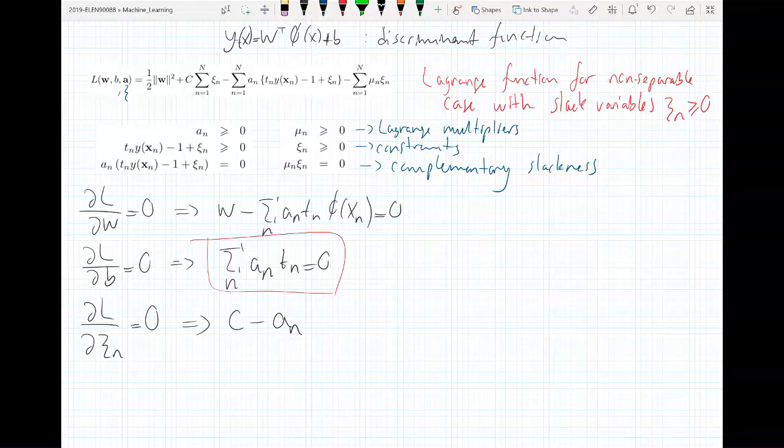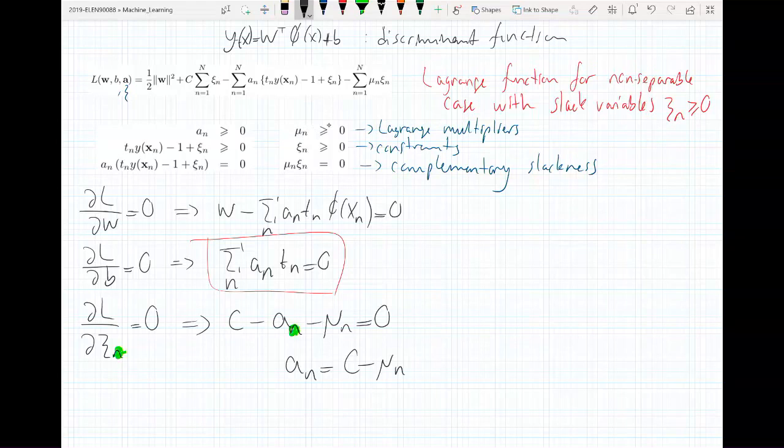How do I highlight this? Maybe, you know, this is n, okay? And then what do I have? Also, I have 1 here coming from minus mu n equals 0. What that means, an equals C minus mu n.